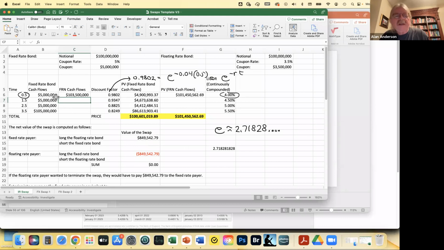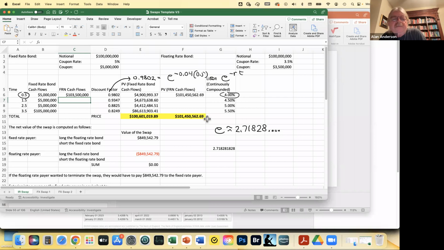And so from today's perspective, the next coupon will arrive in 6 months. So think of those as, when is the next cash flow going to arrive? The time doesn't mean at what time are we observing this. It means the time at which we'll receive a cash flow. Okay, that's why the first one is 0.5. The first cash flow is due in 6 months. And then a year after, and a year after.